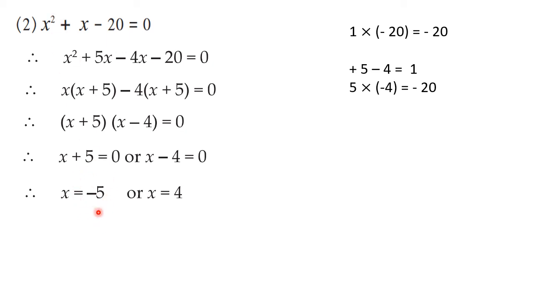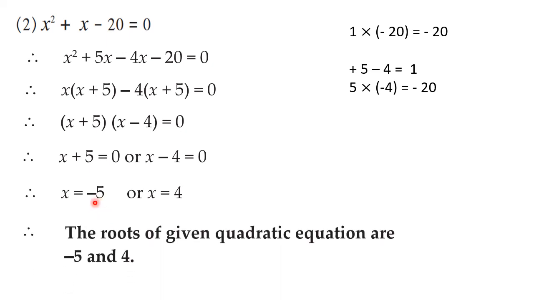So exactly opposite signs we are getting in the answer. And the final answer you will write as a statement. That means the roots of the given quadratic equation are minus 5 and plus 4. I hope you must have completed the writing work. If you have not completed, you can pause the video and write.